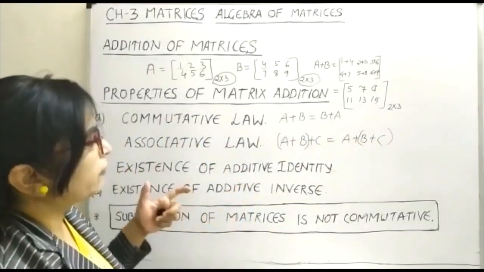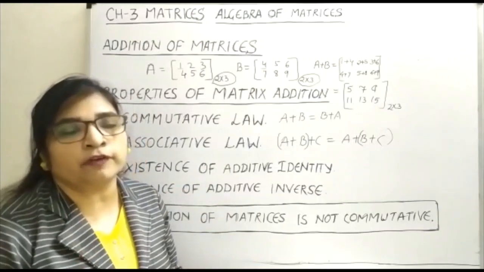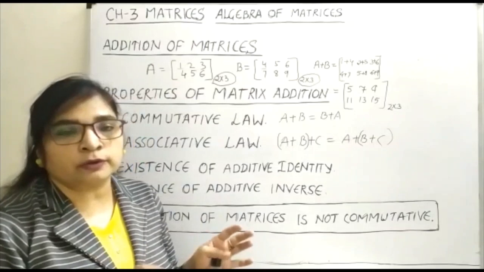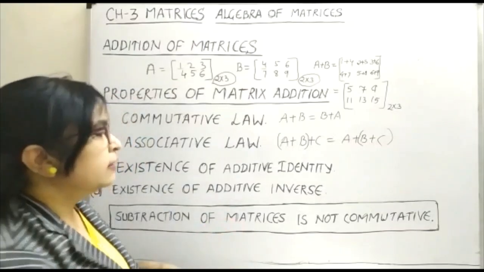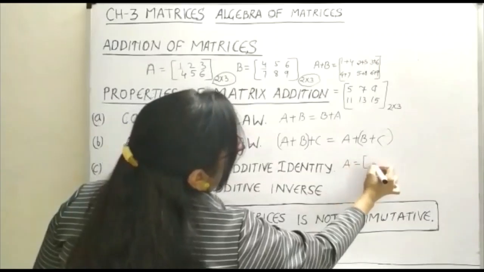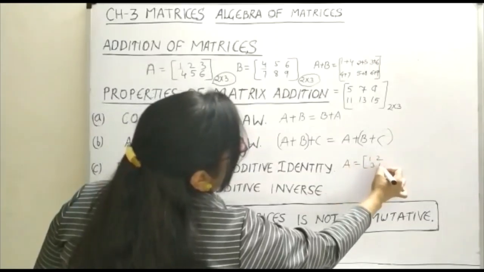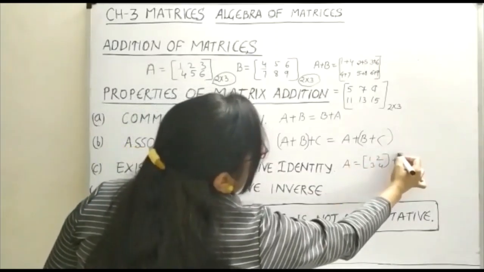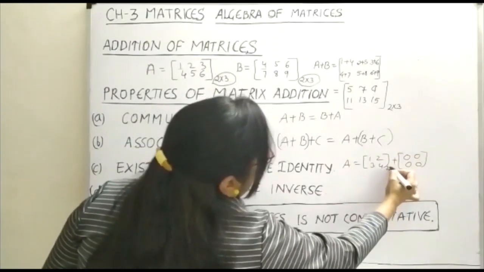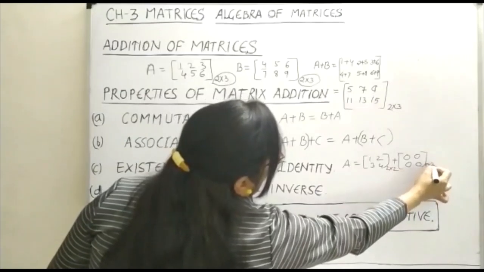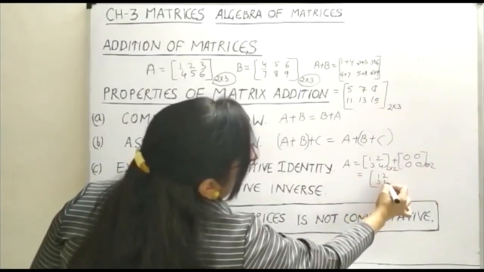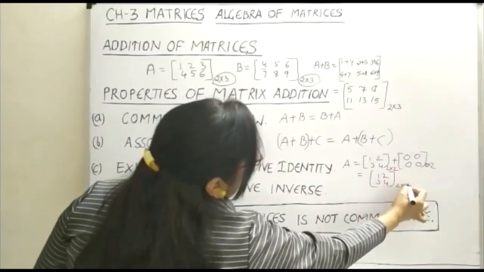Now the existence of additive identity. It says what can you add to any matrix so that the matrix remains the same. We know that if A is a matrix, for example 1, 2, 3, 4, and you add 0, 0, 0, 0 (just see, these 2 matrices are square matrices), again what you get is 1, 2, 3, 4, again of order 2 into 2.